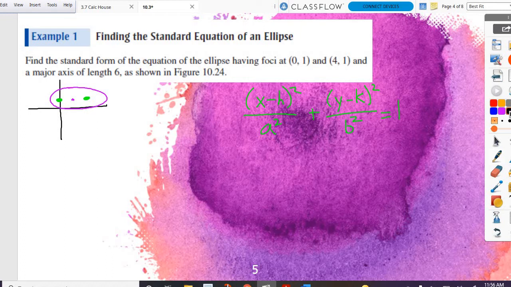So remember, your center has to be the center of everything, which means that if you're given two foci, two vertices, or two co-vertices, then it has to be the midpoint of those two things. Don't we have that? We do. We're just not there yet. So what is our midpoint formula?